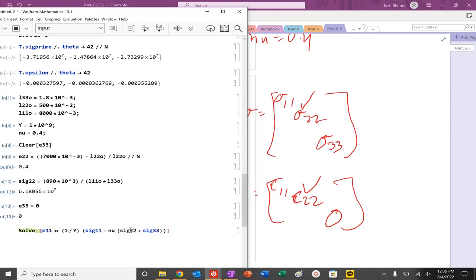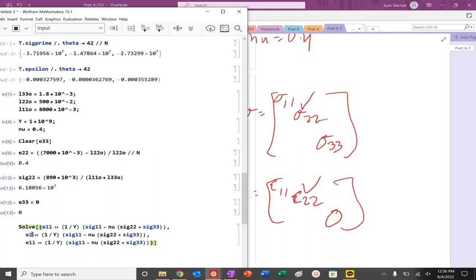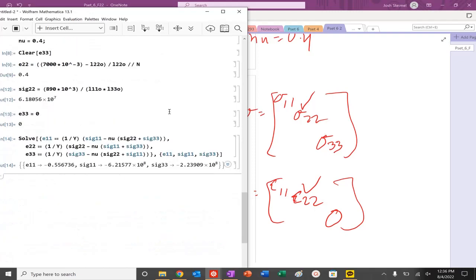Then let's solve for all our little unknowns: E22, sig 22, sig 11, sig 33, E33, which we know is 0 because we're attached to the wall, and I think that we are okay. So now we could ask it to give me my unknowns, which are E11, sig 11, sig 33, and voila!